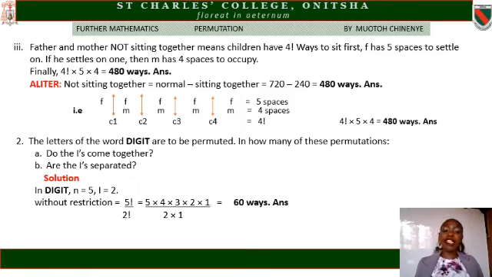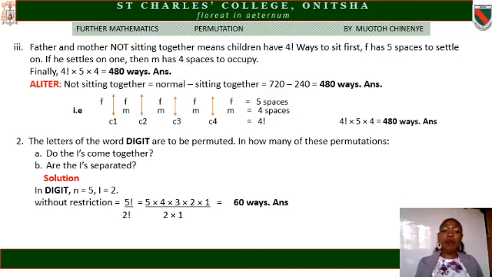And when he finally settles on 1, then the mother will have the remaining 4 spaces to occupy. And when that is done, we are going to have 4 factorial times 5 times 4, which is equal to 480 ways as our answer. Using the diagram there, you can also see it.